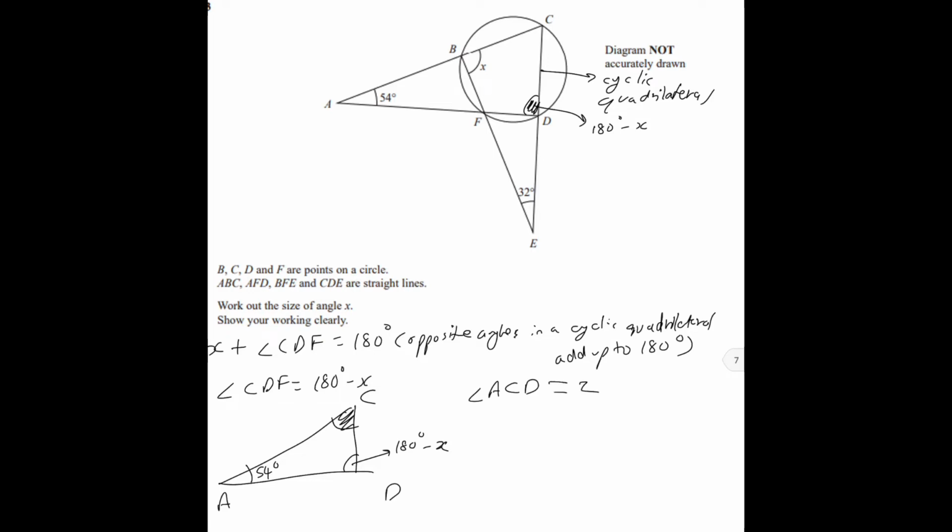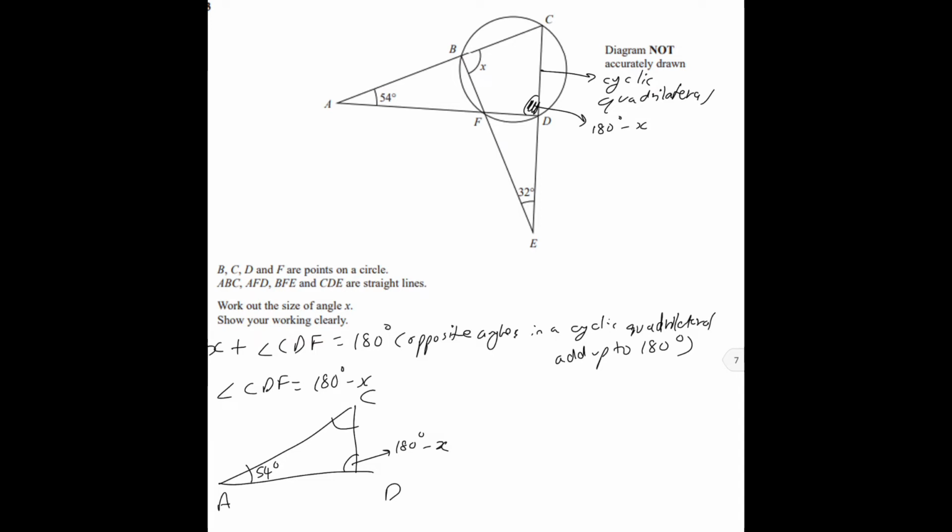So we're just going to say angle ACD is equal to C. By analyzing that question, we have to find out what angle ACD is. This question is a bit tricky, but we have to carefully examine what we have to do.